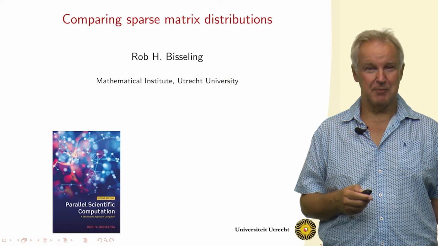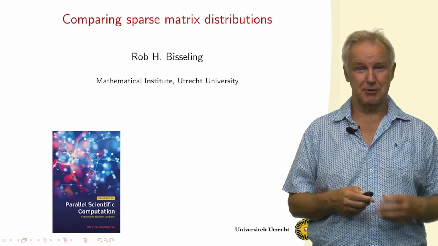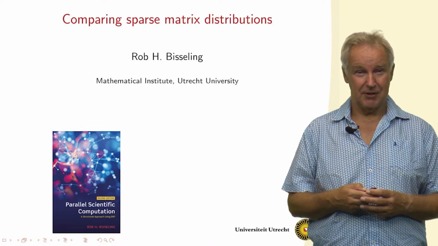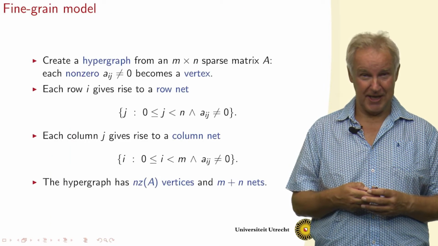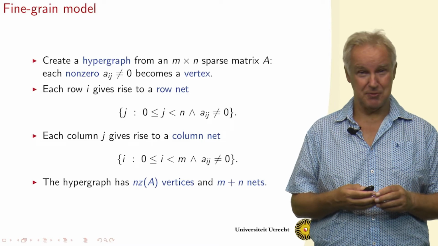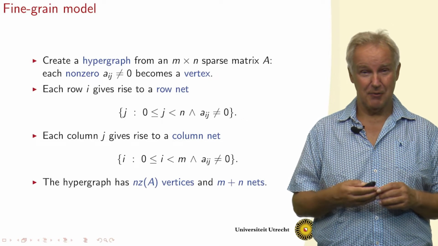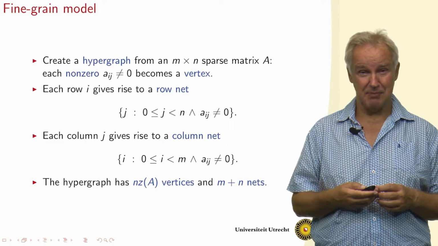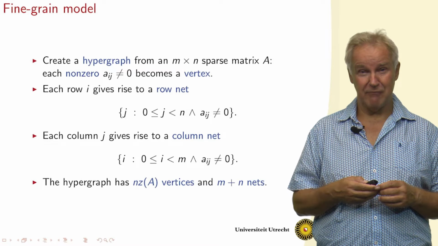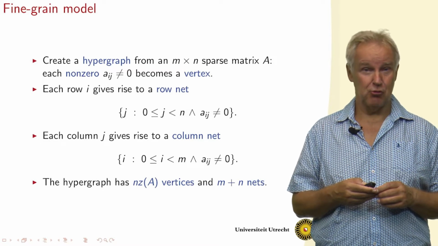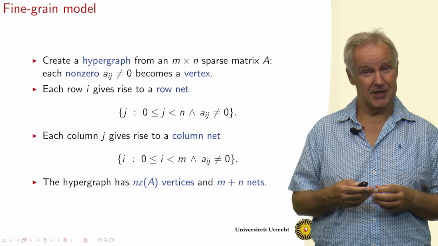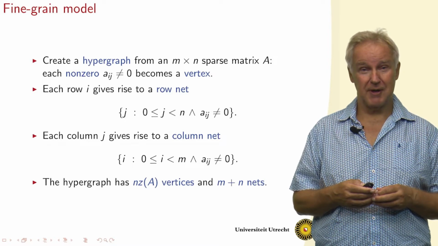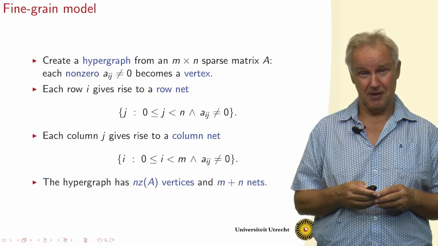In this video, we will be comparing sparse matrix distributions obtained by different partitioning methods. The first method is based on the fine-grained model, which translates a sparse matrix into a hypergraph, where all the non-zeros become vertices of the hypergraph, and every row gives rise to a row net, a hyperedge, containing all the non-zeros, all the vertices of that row, but also every column gives rise to a column net.